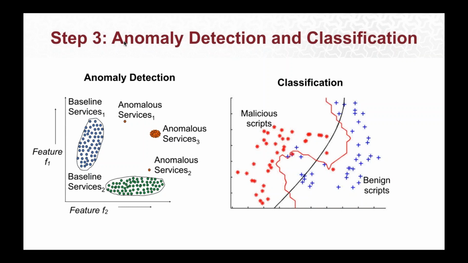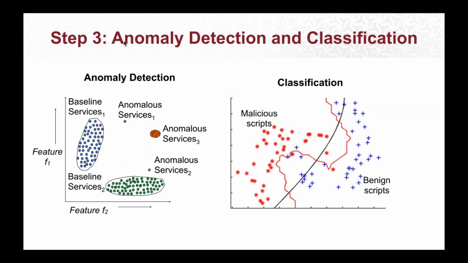One is anomaly detection. In the case of anomaly detection, we create a baseline and then we say, okay, what are the things which are away from the baseline? Those are the anomalous ones, and let's look at those anomalies. In this case, it shows that there are anomalous services which should be investigated by the analyst.